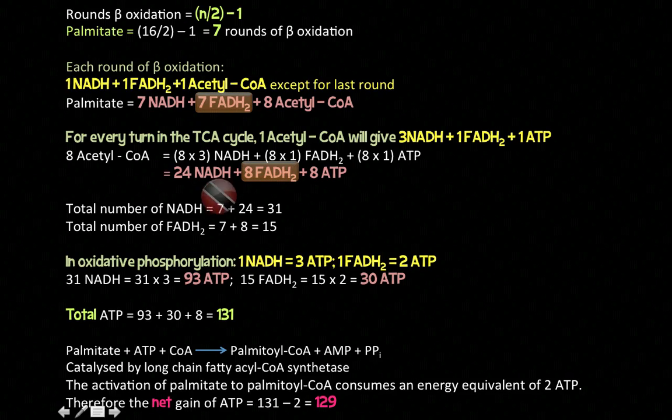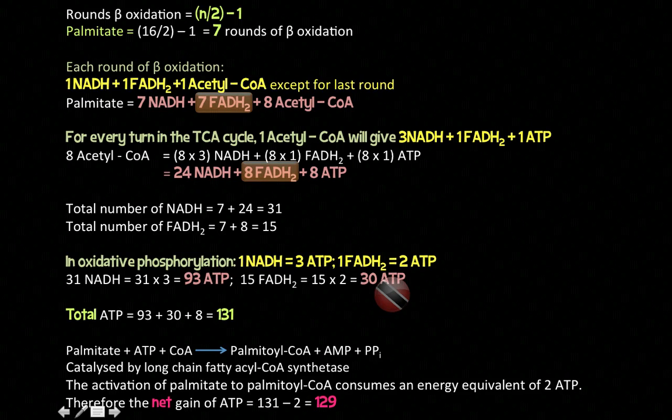So you have 31 NADH and 15 FADH2. Now those NADH and FADH2 have to give up their pair of electrons to the electron transport chain, and via oxidative phosphorylation, one NADH is giving us 3 ATP, one FADH2 is generating 2 ATP. So in total, you have 31 NADH generating 93 ATP and 15 FADH2 generating 30 ATP.